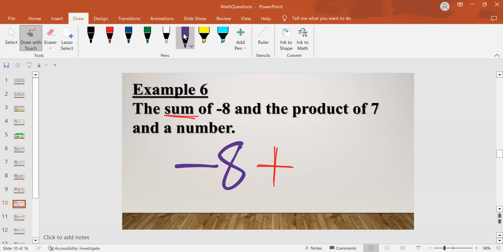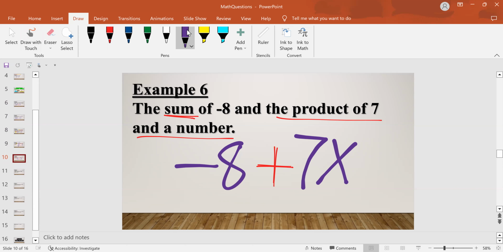The product means multiplication. So you have to understand that this is another grouping. So that will be together. So when they say grouping, that means that will be together. So the product of 7 and a number. So we're going to have a 7x because it's a product, multiplication between 7 and that x.